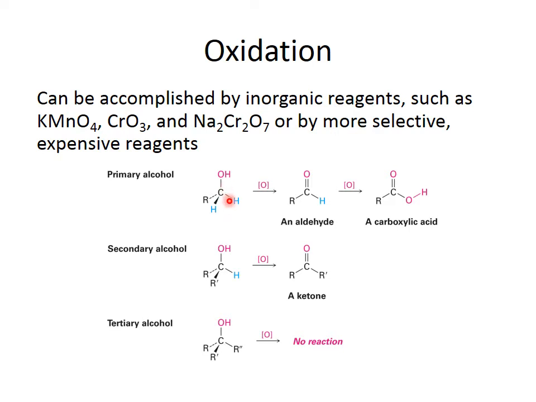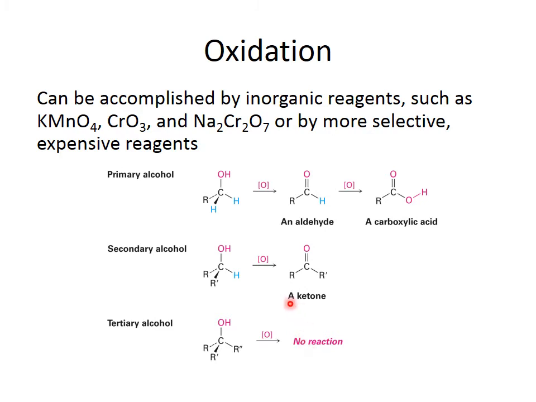When we oxidize a primary alcohol, we can take it to an aldehyde, and depending on the reagent, it may go even further to the carboxylic acid. Secondary alcohols can be oxidized to a ketone, and tertiary alcohols, because they have no proton on the carbon that the alcohol group is on, do not undergo oxidation.